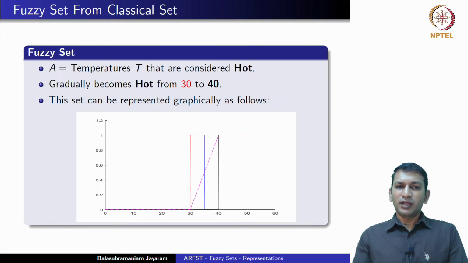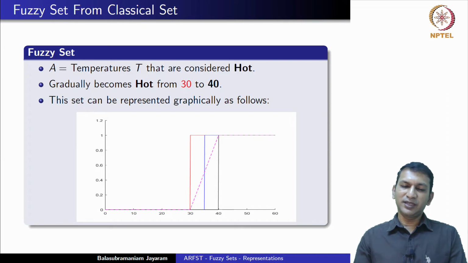So in the case of hot, when we move from a classical set representation to fuzzy set representation, you see that the concept of hot gradually gets membership values from 30 to 40 and peaks at 40, whereas everybody below 30 degrees is considered not hot.